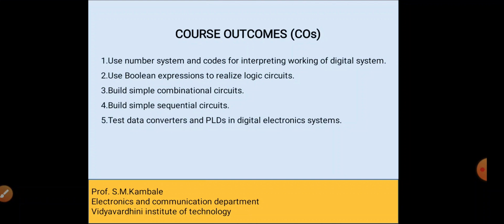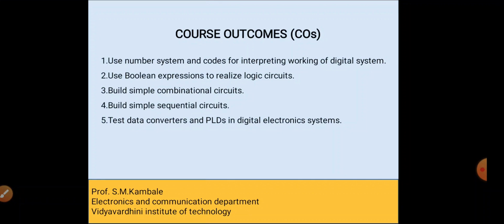Now looking towards the fifth, that is test data converters and PLDs in digital electronic systems, which is related to the fifth chapter, unit number 5, data converters and PLDs. There are basically two types of data converter.